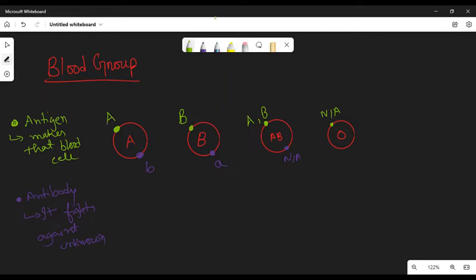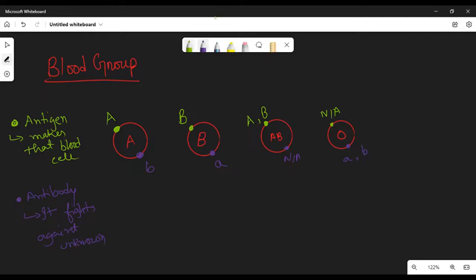So this is the O blood cell, but I like to call it the zero blood cell because it has no antigen, so we cannot name it, so we name it zero. And as it has no antigen, it has the chance of having both the antibodies, because the antibodies will not fight against the antigens.